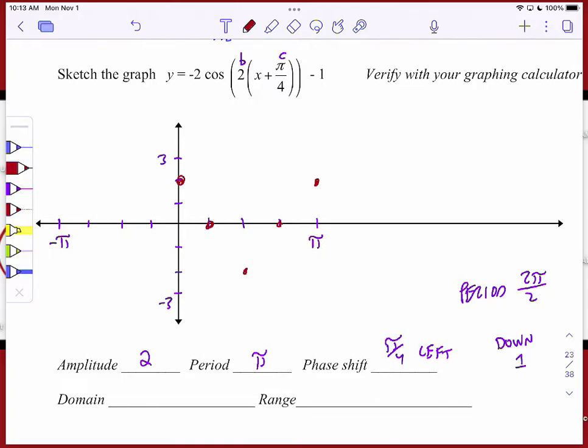And then the period of pi is taken care of. Now this one is definitely not the final thing I do. This is just getting started. And I'm going to do this on this side too. Certainly you can do 3 periods.